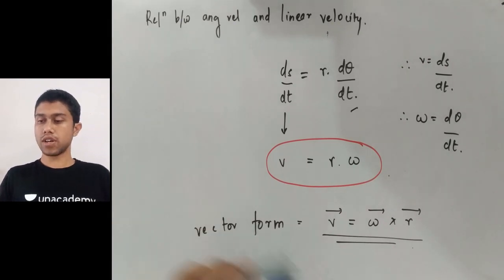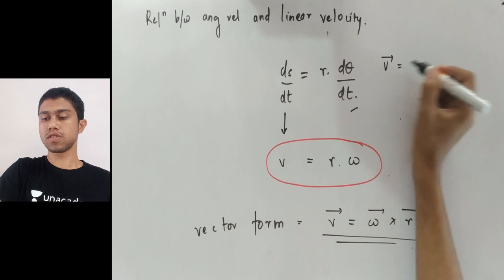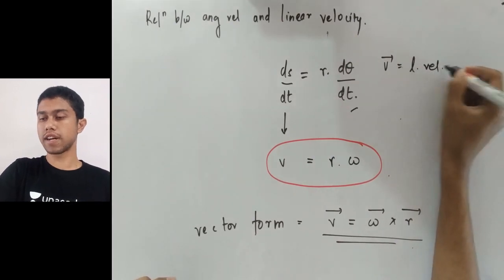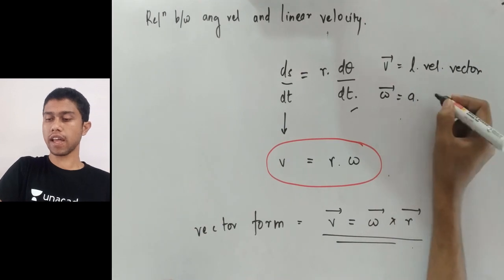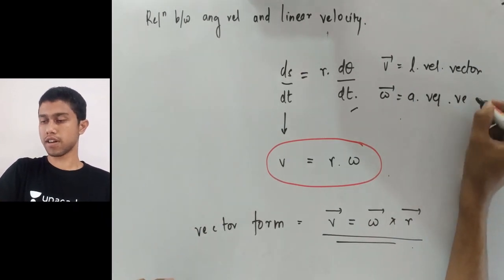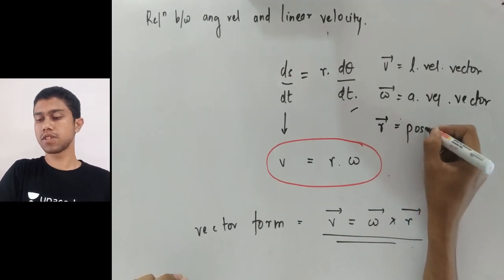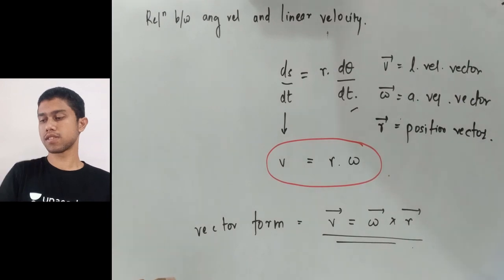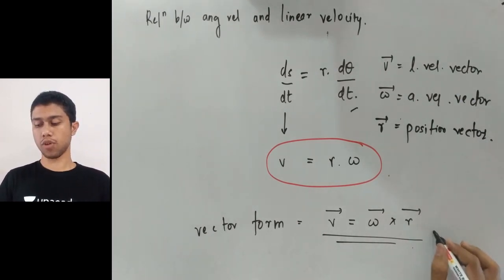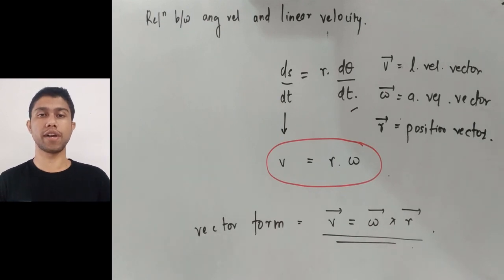So in short I'll write what every term here means. What is v? This is the linear velocity vector. What is omega? This is the angular velocity vector. And what is r? r is not radius, it is a position vector. Okay, simple. So in this way we have understood this formula. This is the vector form and it will be used in the subsequent numericals to come.